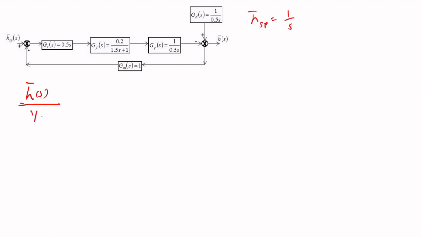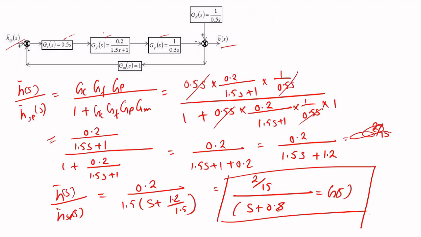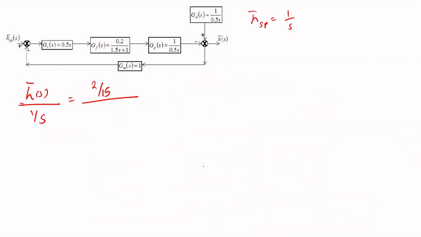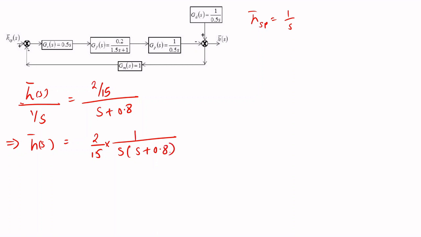So let's replace it over here: h bar s equals the transfer function we found, 2/15 upon s plus 0.8, into 1 upon s. That is, the output will be 2/15 into 1/(s(s plus 0.8)).